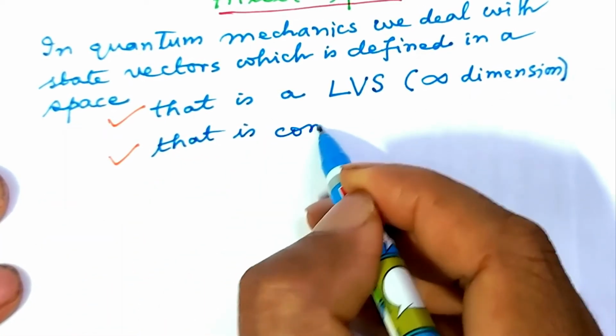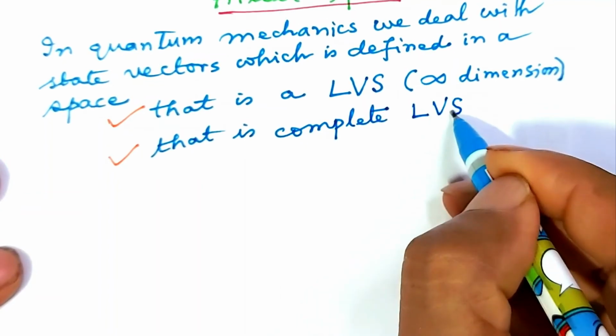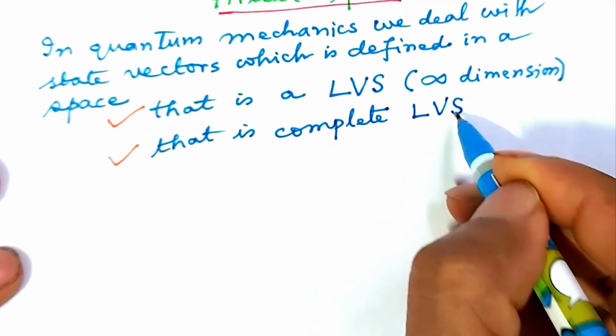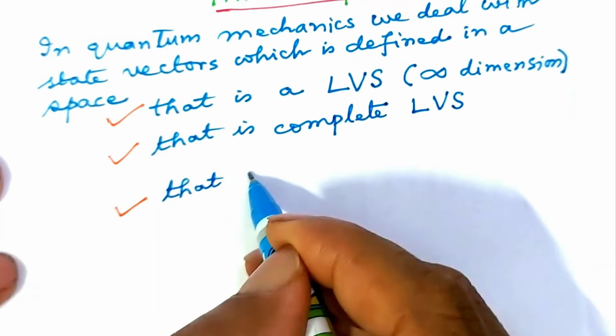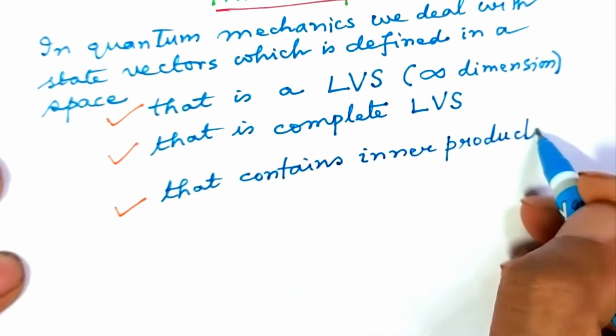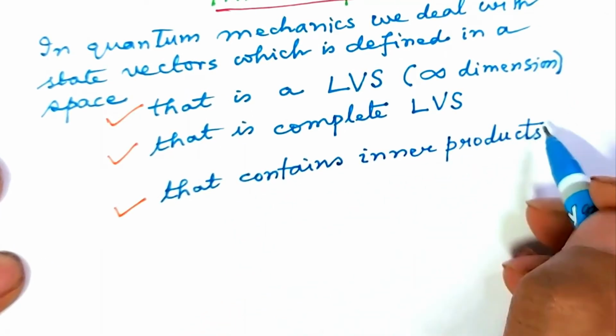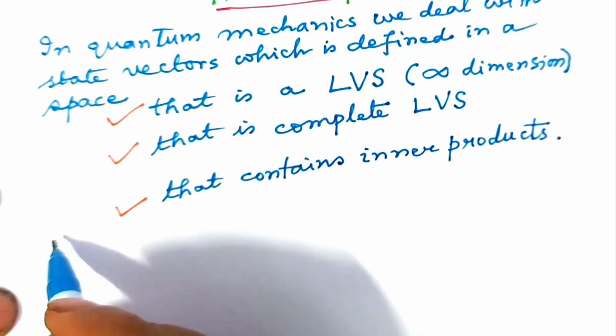This is a complete linear vector space. Even the limiting values are contained, reachable. That contains inner products. This allows us to give a physical meaning to the abstract theory where we are dealing with bra-ket, state vector, infinite dimensional complex linear vector space, etc.